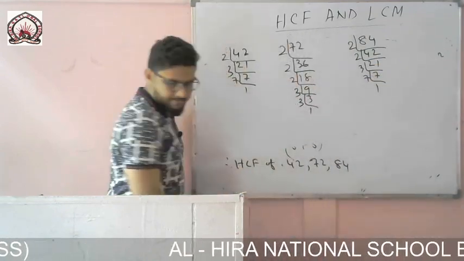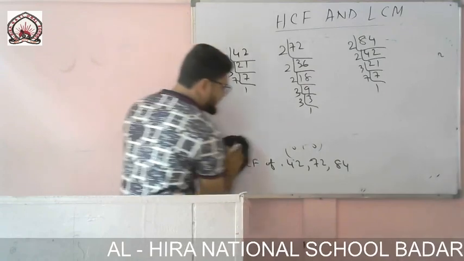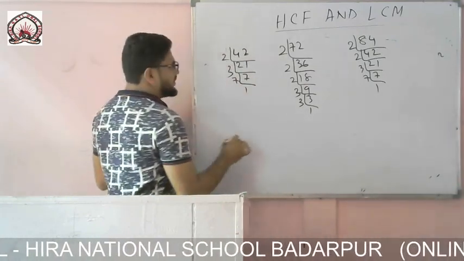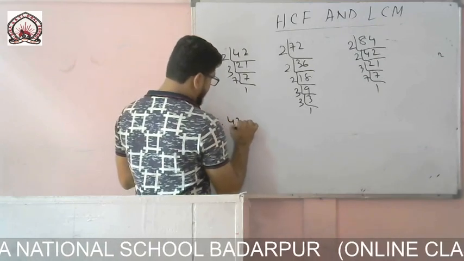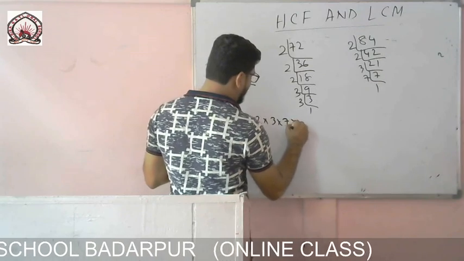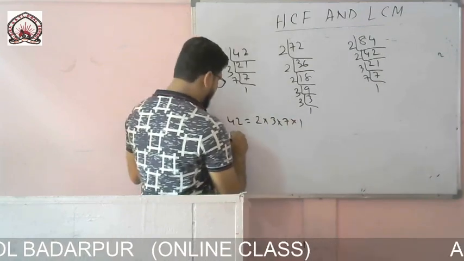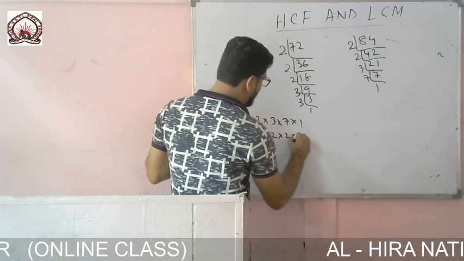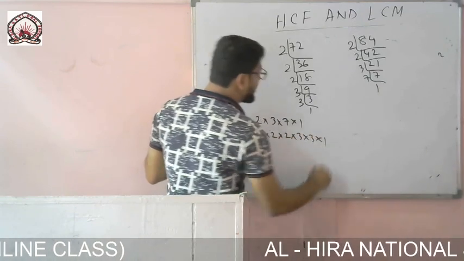Now write 42 equals 2 into 3 into 7 into 1, and 72 equals 2 into 2 into 2 into 3 into 3 into 1.